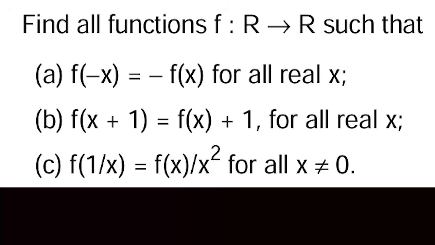Your second condition is f(x plus 1) is f(x) plus 1 for all real x. And this third condition is f(1 by x) is f(x) upon x square for all x unequal to 0.